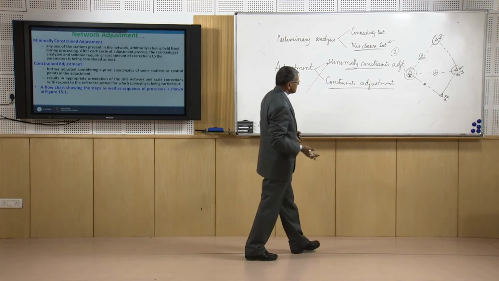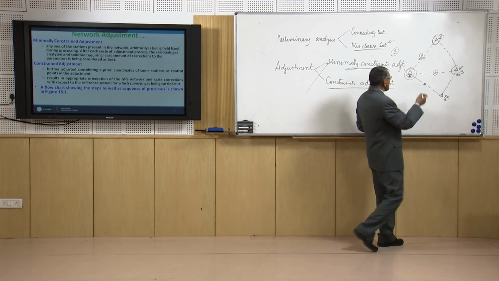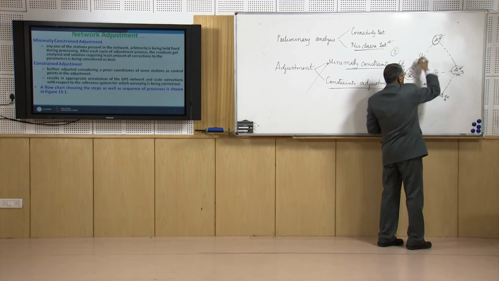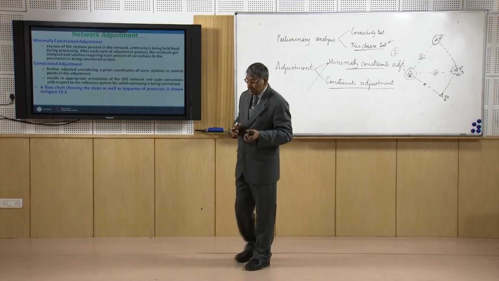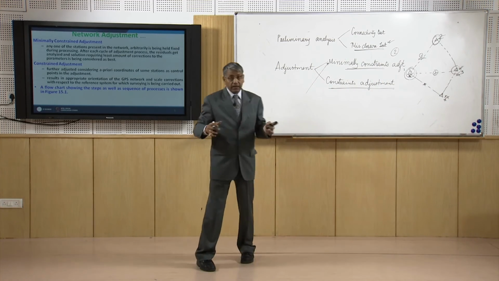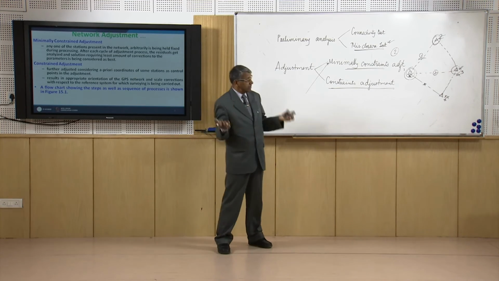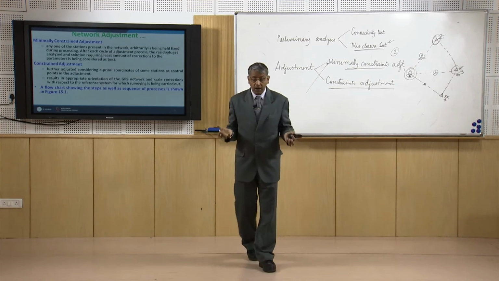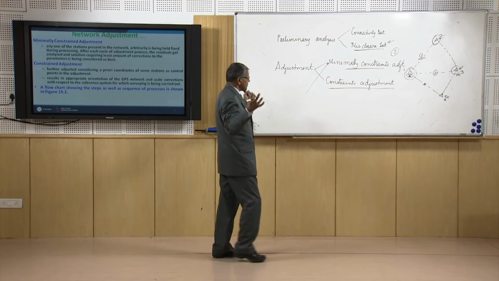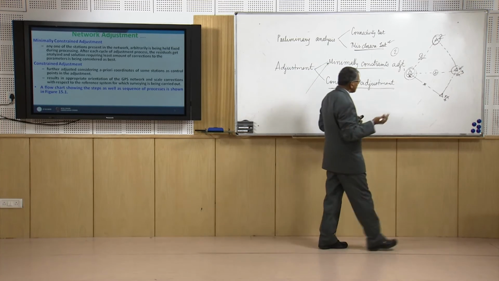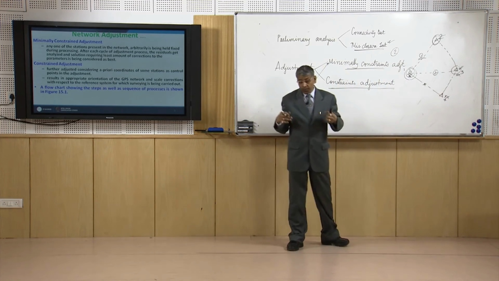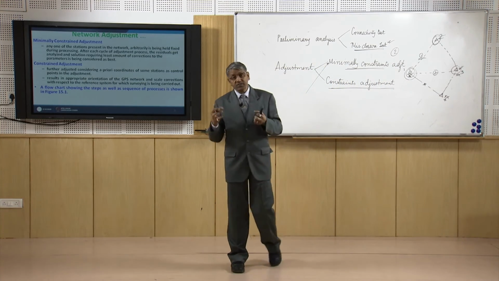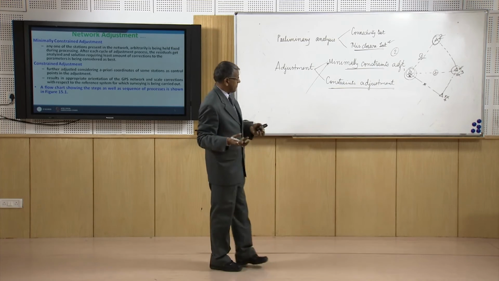Sometimes we take observations from n number of stations, maybe 5, maybe 10, maybe 15. Out of those, sometimes we take observations at some stations whose position is already known with respect to some reference frame.